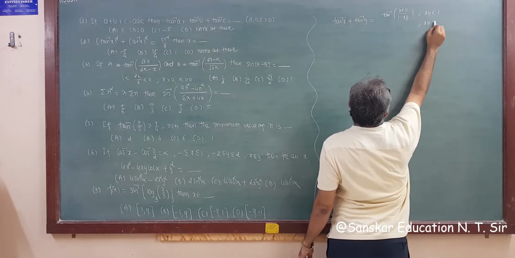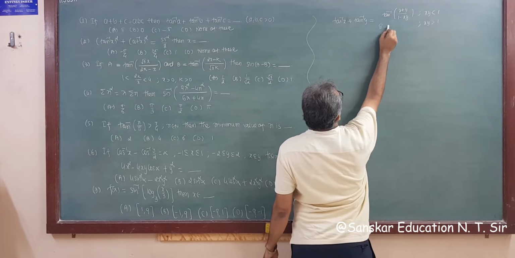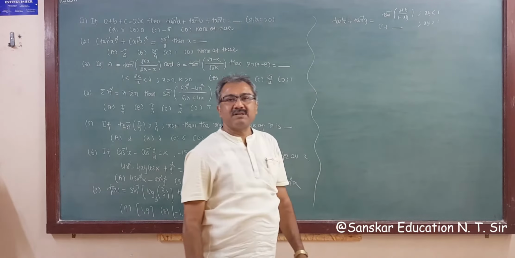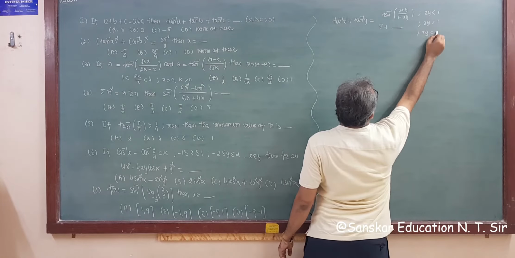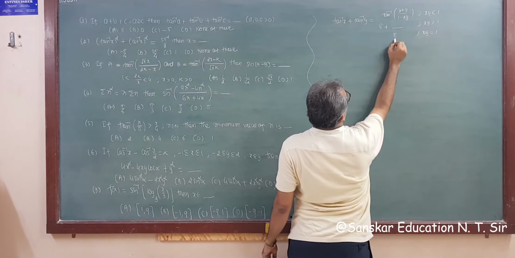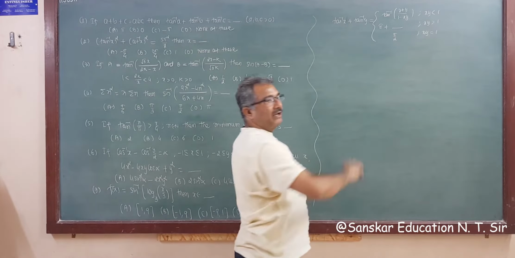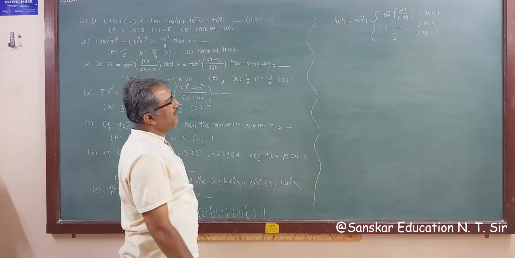If xy is greater than 1, then the answer is pi plus tan inverse of (x plus y) upon (1 minus xy). And if xy is equal to 1, then the answer is pi by 2. This is a well-known formula.